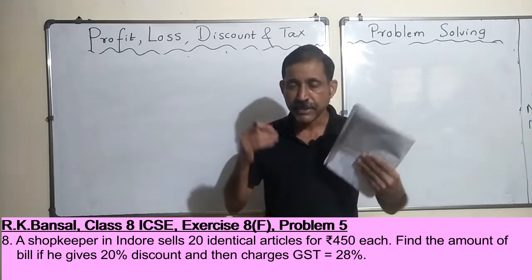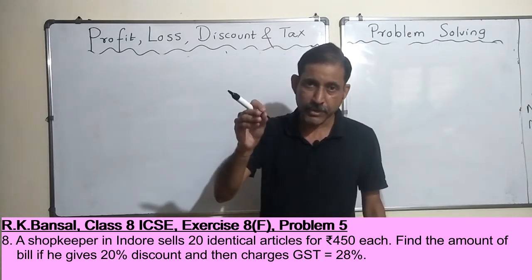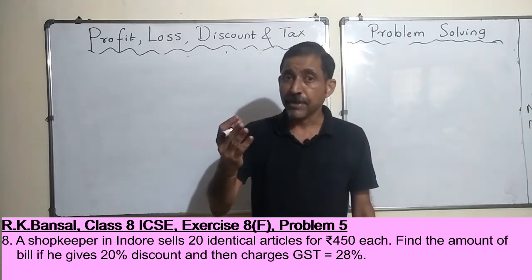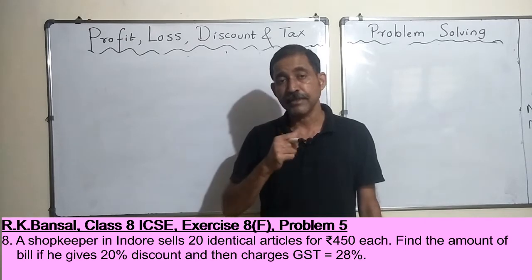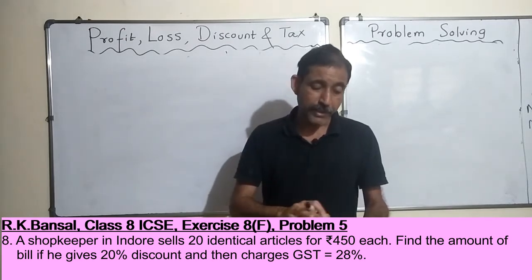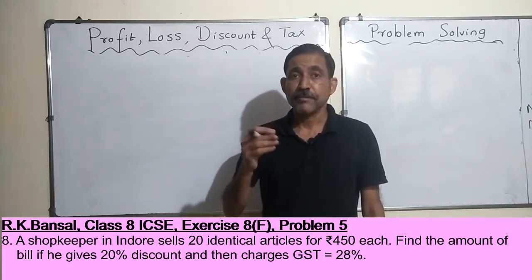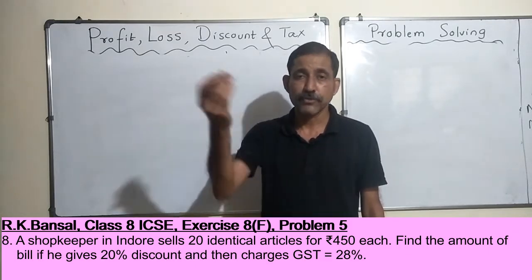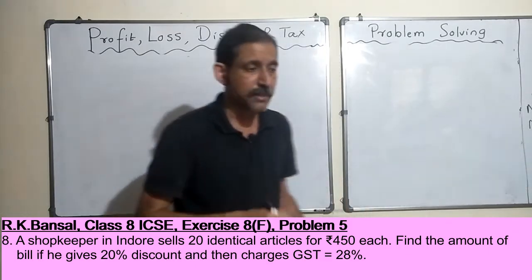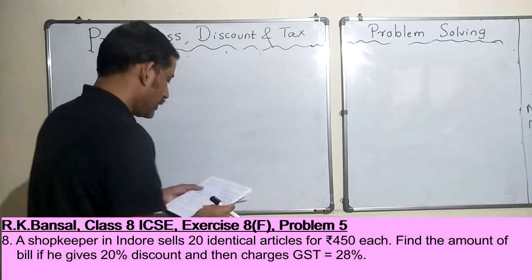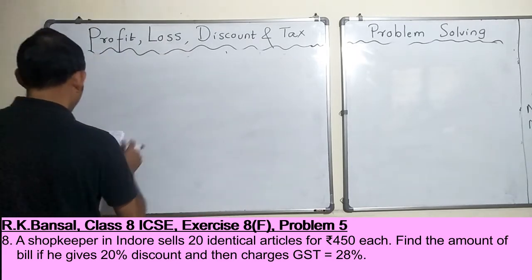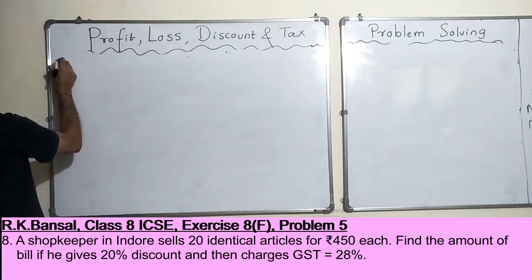So basically he is selling something, he is offering a discount, and on the final selling price he has to put GST, right? And that is put at 28%. So he has to present the bill to the other side so that they can pay. So let us see what would be the final bill amount, right? And that is what is asked also, right? So selling price, okay, this is the 8th problem.